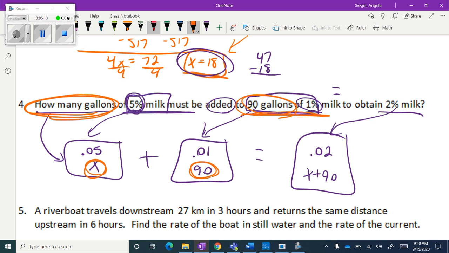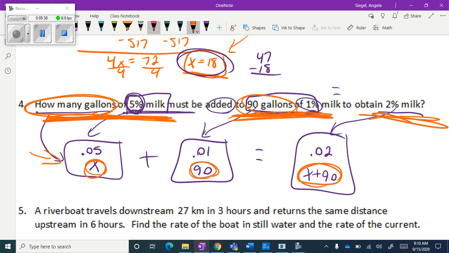And so this is where I said, don't get too mathy. So I have this number of gallons plus this number of gallons equals this number of gallons. So that's where that x plus 90 is coming from. So a lot of times if you just common sense your way through it and not worry about the math so much, in this part right here, you're actually going to help yourself, I think. Okay, so let's go ahead and do the math part.